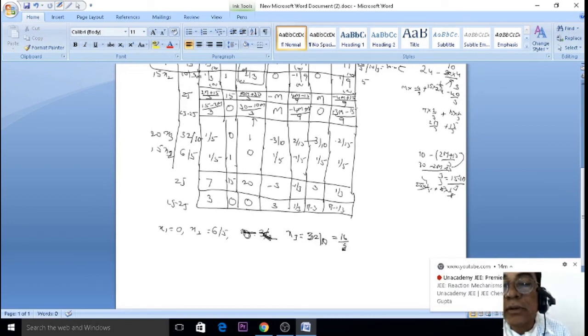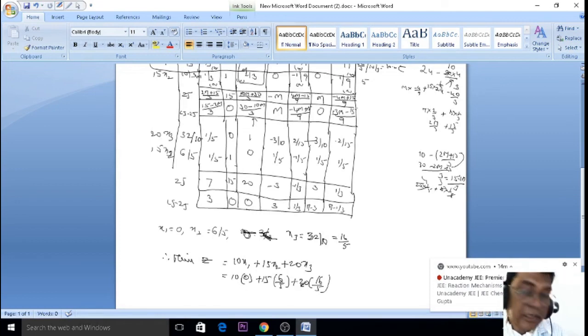So therefore the minimum value, please write the equation: z is equal to 10x1 plus 15x2 plus 20x3. I mean to say 10 into 0 plus 15 into 6 by 5 plus 20 into 16 by 5. Understand? So the answer is 82. So this is the minimum value.